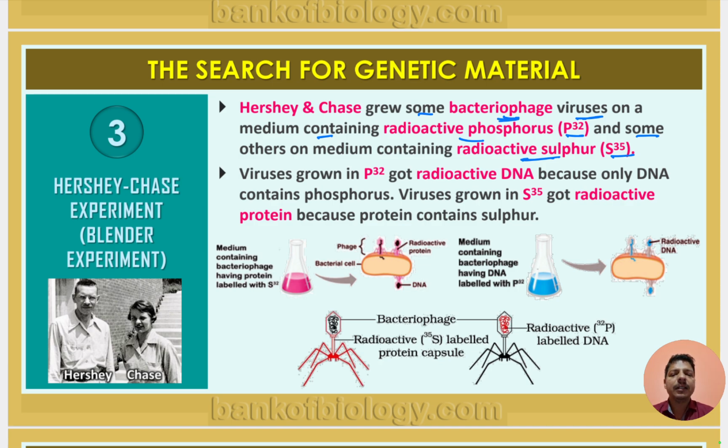A bacteriophage is a virus that infects bacteria. Viruses grown in P32 got radioactive DNA, because only DNA contains phosphorus. Viruses grown in S35 got radioactive protein, because proteins contain sulfur.